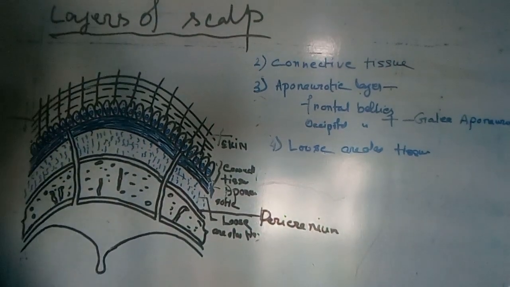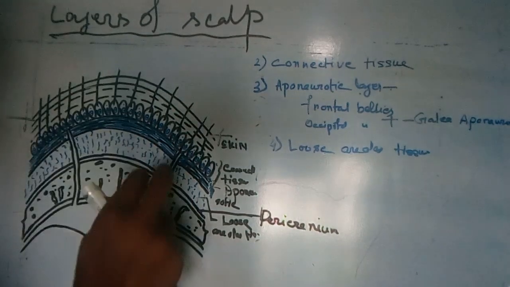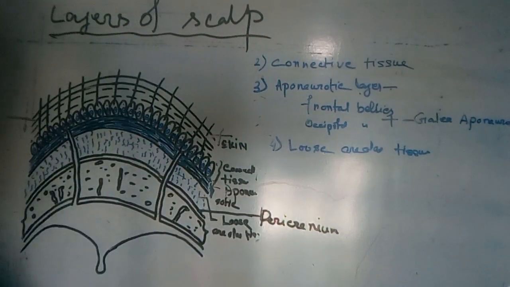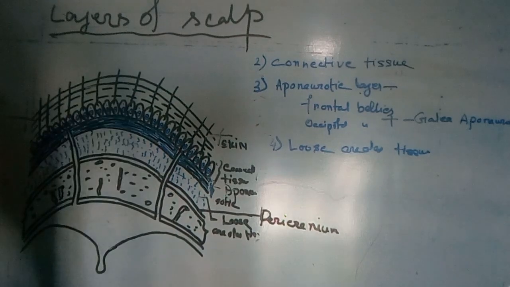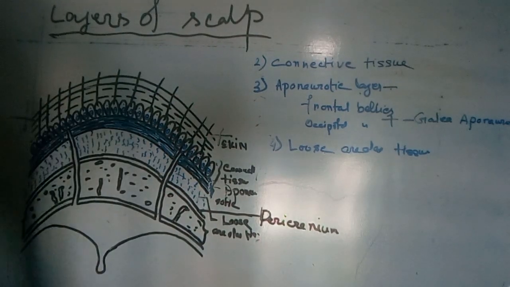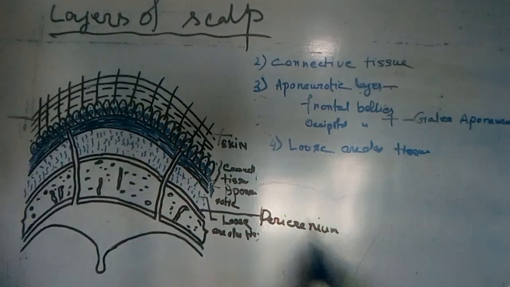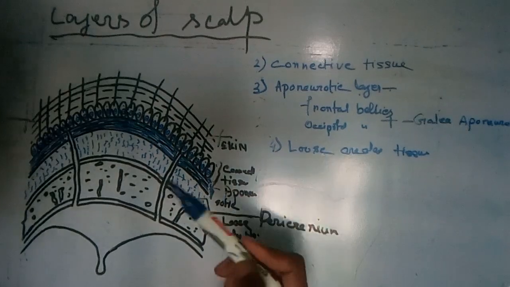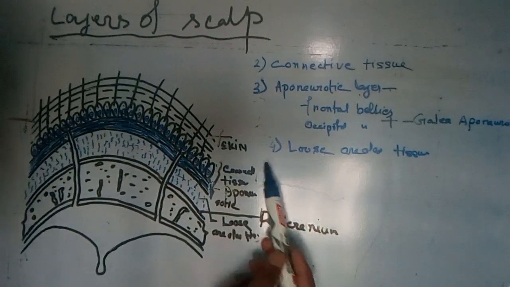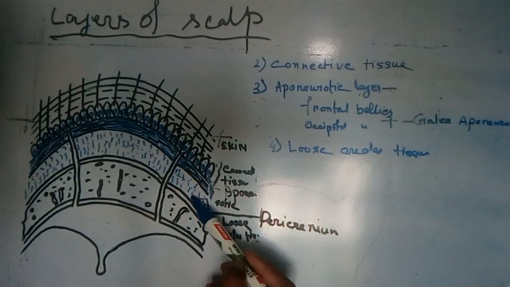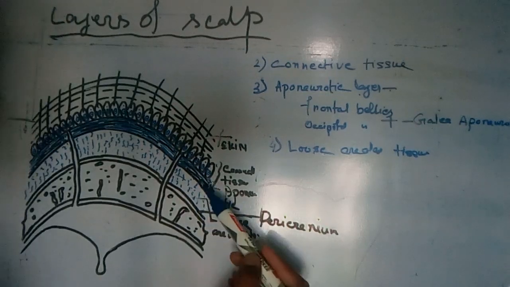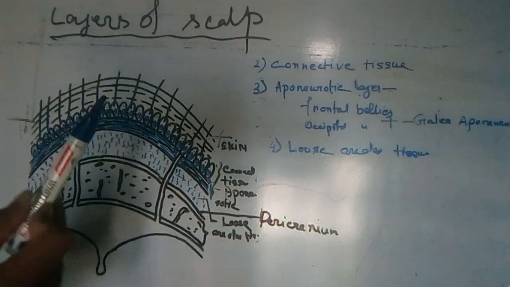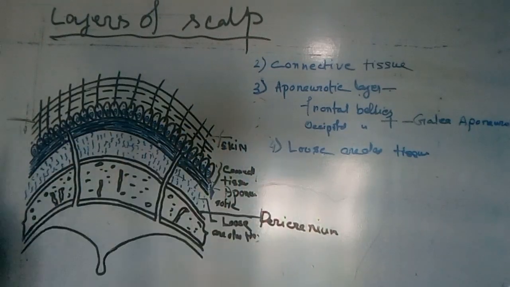It serves as a natural plane of cleavage during craniotomy, and this layer is traversed by the emissary veins, which connect the veins in the second layer of the scalp. So that is the fourth layer, loose areolar tissue.